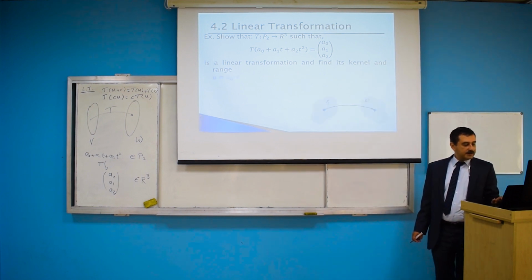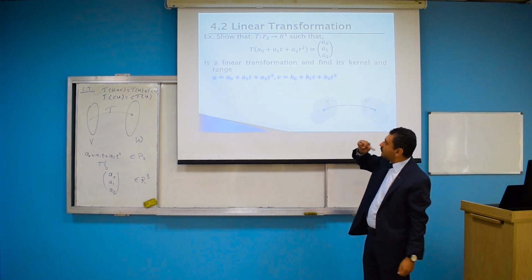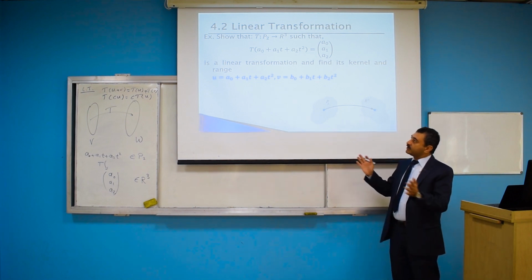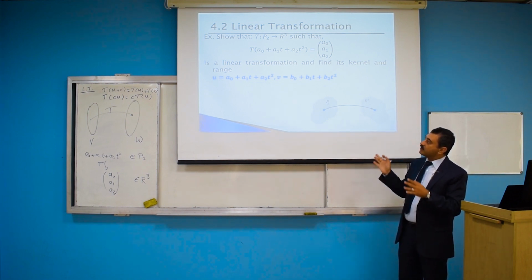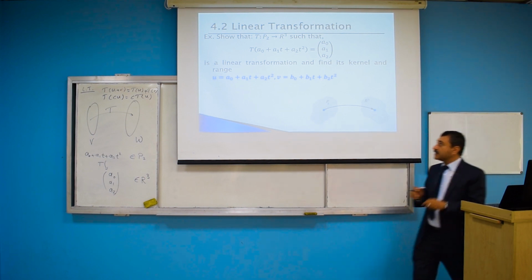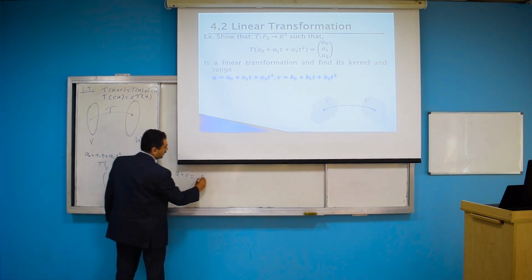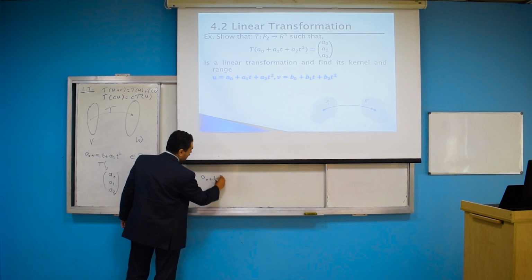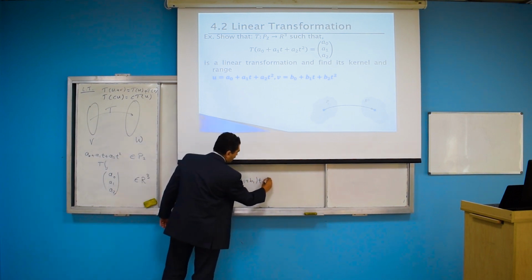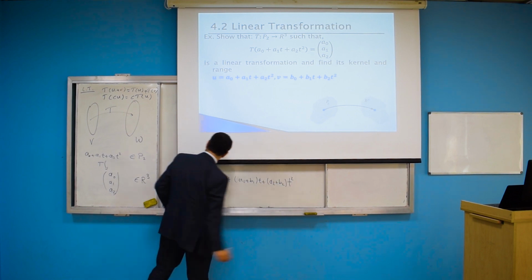So these are two vectors in P2, polynomials in P2, and then do the summation first. So add the corresponding coefficients to get U plus V. So U plus V would be A0 plus B0, then A1 plus B1 t, A2 plus B2 t squared. This is U plus V.